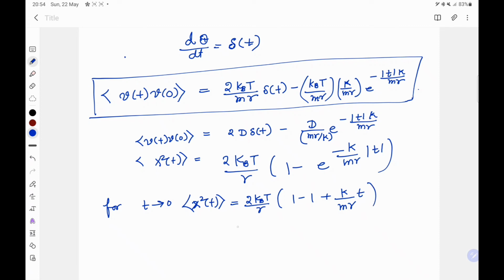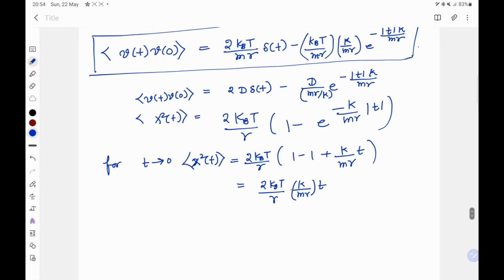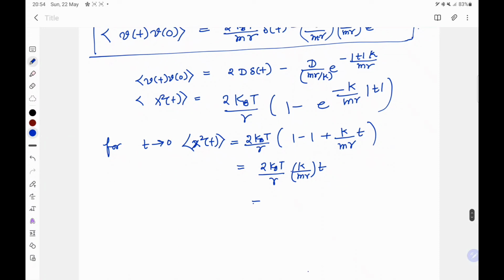So what you have is 2 kB T over gamma times kappa over m gamma t, sorry, here we have a kappa.